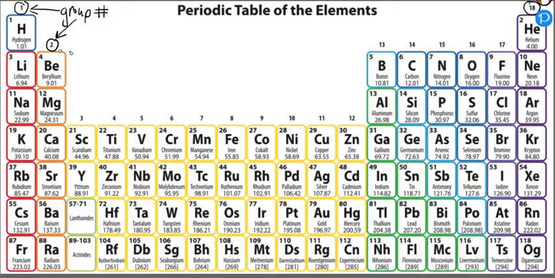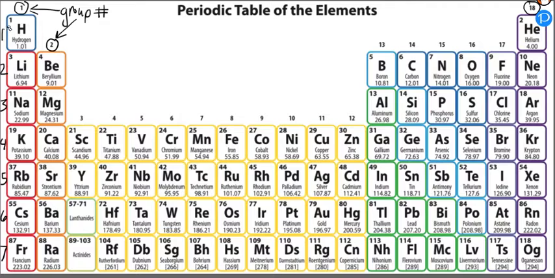The other thing that we need to be aware of, and I didn't leave myself a lot of room here, but on some periodic tables, and I think they have this on the big periodic table hanging in my classroom, there would be numbers here like 1, 2, 3, 4, 5, 6, and 7.